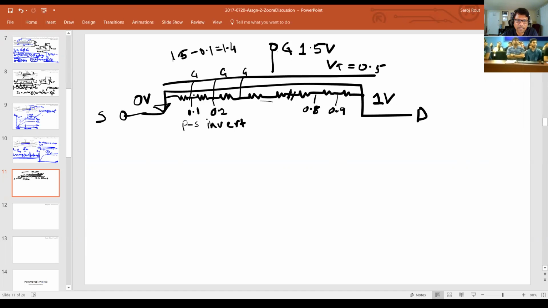So if the gate to source voltage for this tiny little resistor is 1.4, the channel density is going to be higher than this transistor, which is now 1.5 minus 0.2, which is 1.3. This is 1.2, this is 1.1, and this is 1.5 minus 0.9, which is 0.6, which is only 0.1, 100 millivolts higher than the VT threshold, which means the channel will be really, really thin here, right?